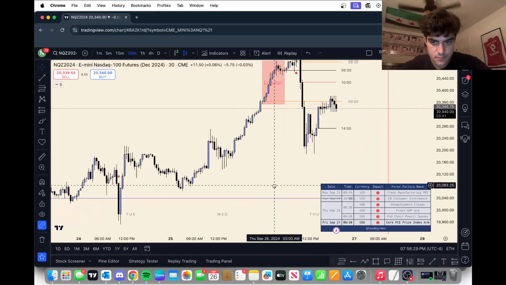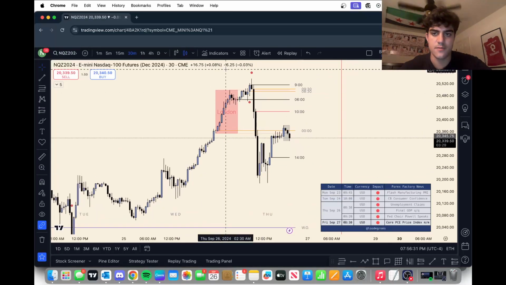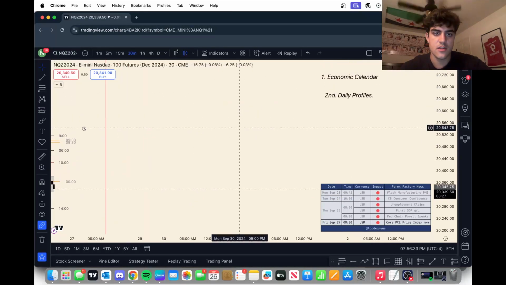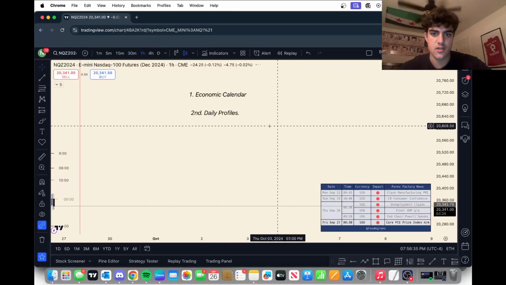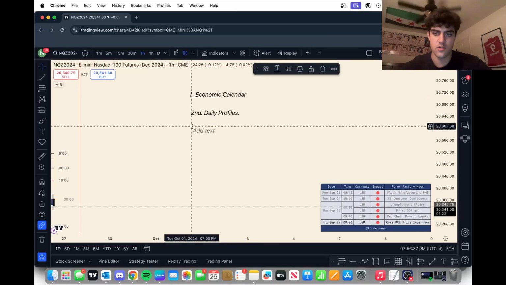So that is important. So what is the third aspect of this model? What is the third thing we are almost always looking for? We are almost always looking for a range to be created, specifically within the 6 to 8 o'clock 2-hour candle.